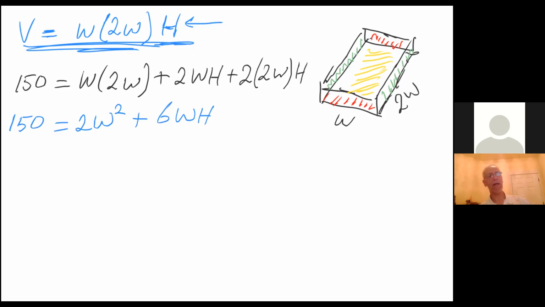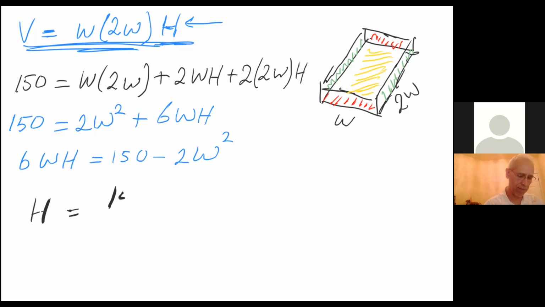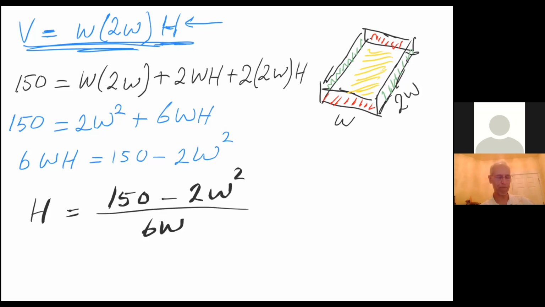Okay, now I'm going to solve for h in here. So I'm going to say 6wh equals 150 minus 2w to the second power, and I'm going to divide both sides by 6w. So height equals (150 minus 2w squared) divided by 6 times w. Can I simplify that a little bit?